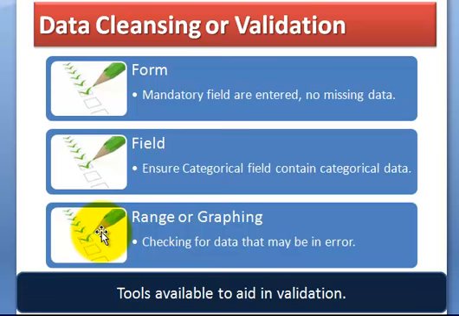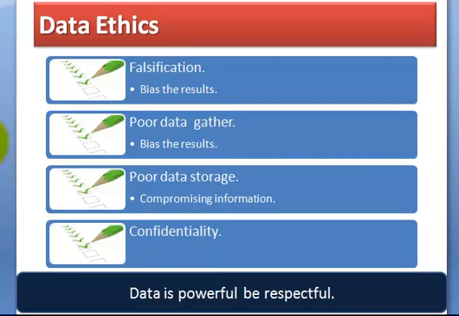So we need to look at the range by graphing or doing some min-max. But we need to check some of these areas for data cleansing or validation before we even start doing the analysis. We've got to make sure our data is clean. And there are lots of tools available, and more coming on the market every day, that help us with that analysis.